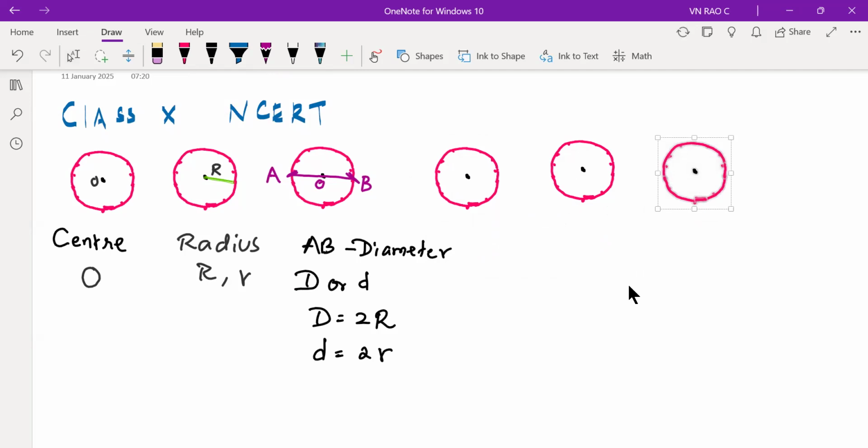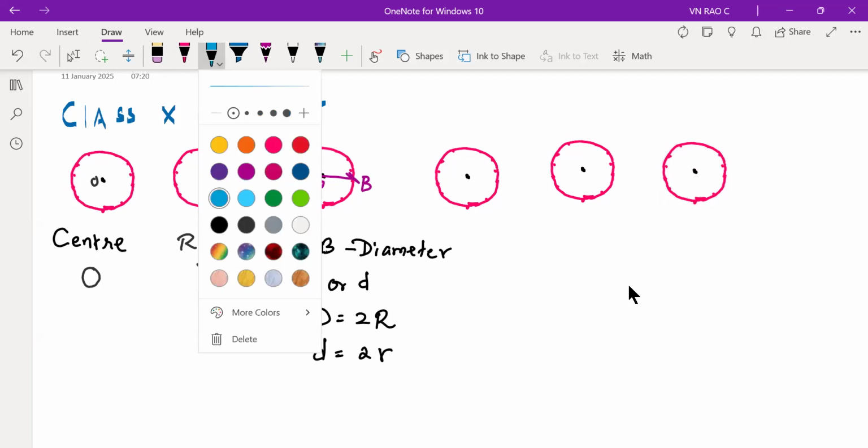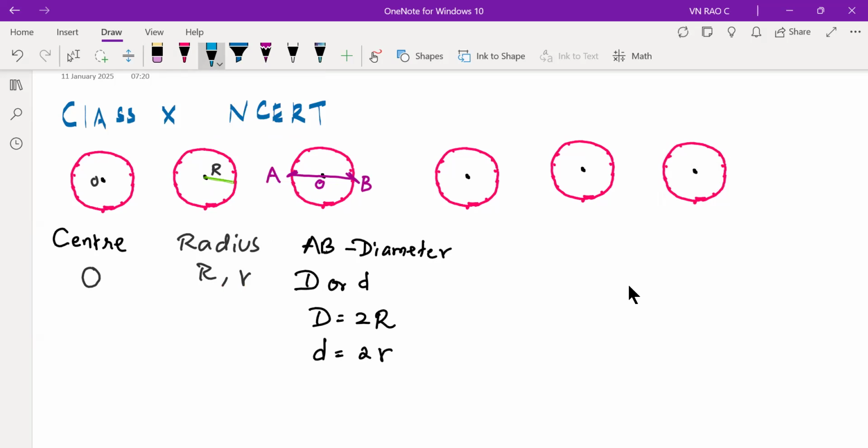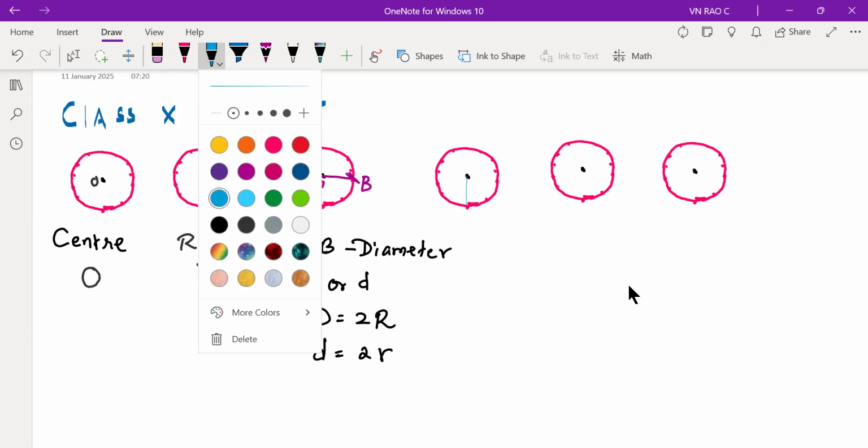Now, in the circle we are considering, suppose this is the radius. Let me take a darker portion.